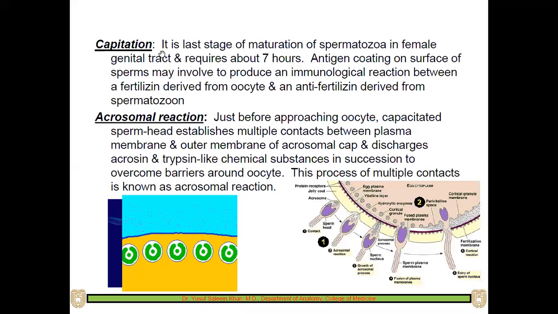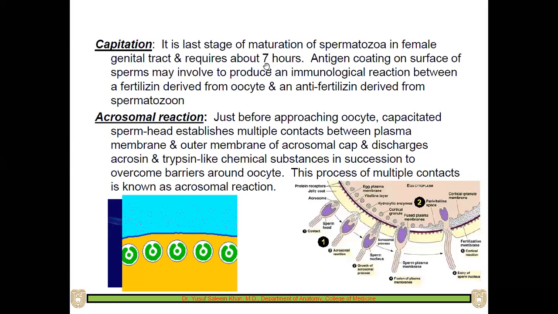So maturation of the sperm takes place in the female genital tract, and it requires around 7 hours to get this capacity.